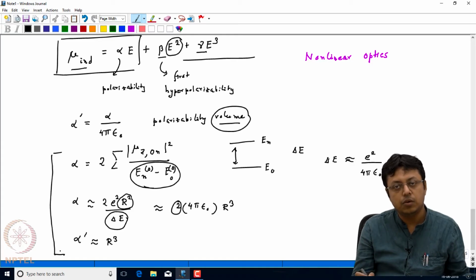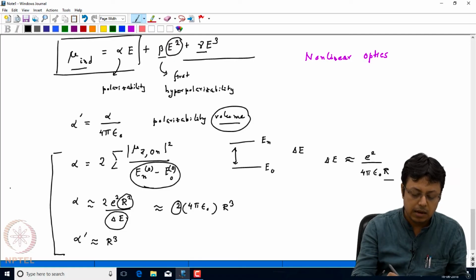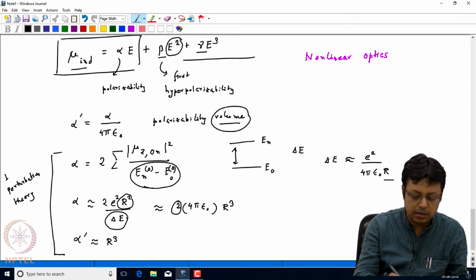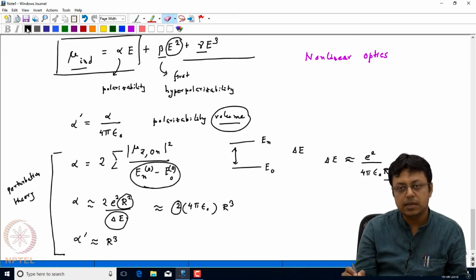You can look at a quantum mechanics textbook, if you know a little bit about perturbation theory, or basically the second order perturbation theory. This is actually first order because here the denominator, as you can see, is basically En minus E0.